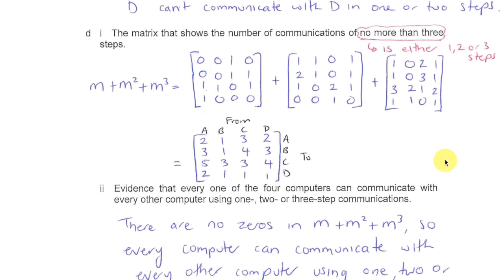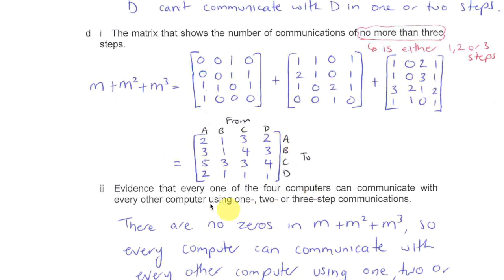All right, now what we're asked to do is to consider the matrix that will give us all of the steps that are no more than three. So that is, it's either a one step, it's a two step, or it's a three step. So here we've got the M squared, and the M cubed. Okay, so there's those matrices there.